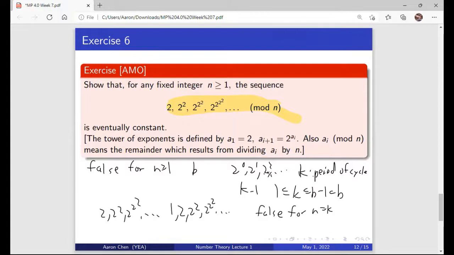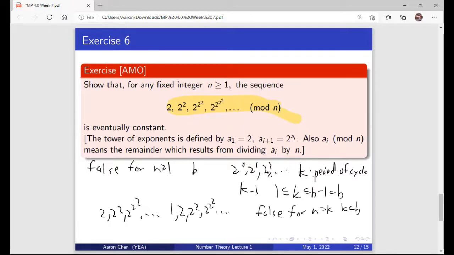And since k is less than b, this is a contradiction because we have already assumed that b was the smallest one. And so that means that the problem statement is true and the sequence always eventually becomes constant. So the main idea was to proceed through proof by contradiction, assume something was the very smallest possibility, then show that something even smaller holds true, and that's the contradiction.